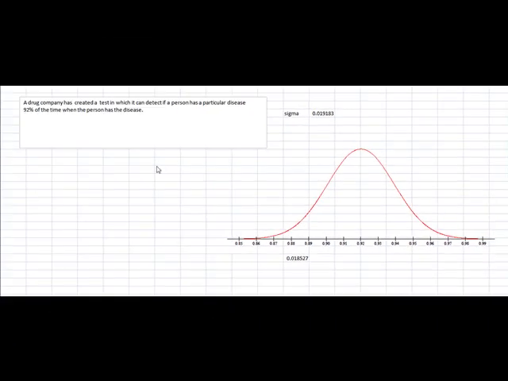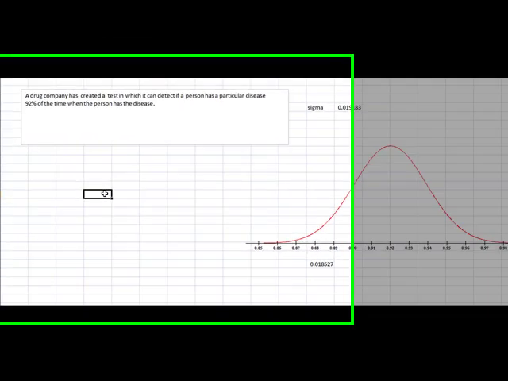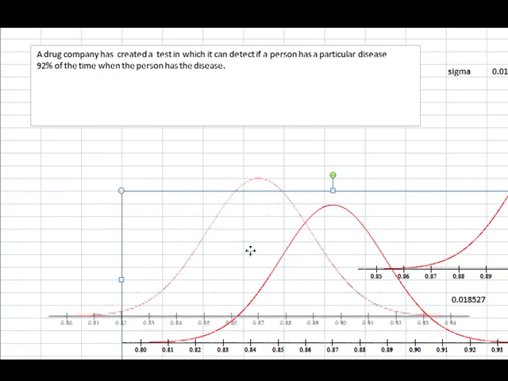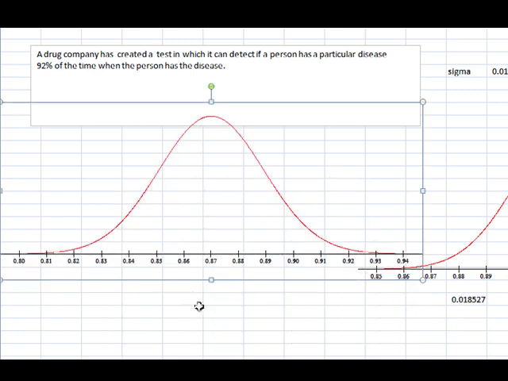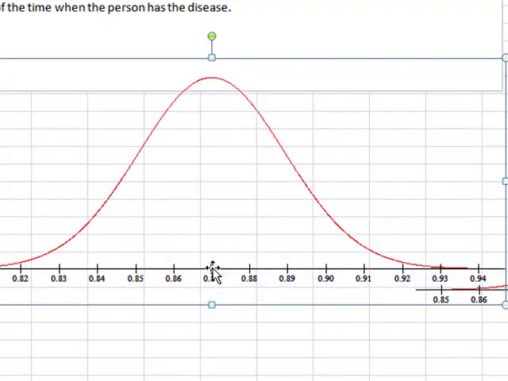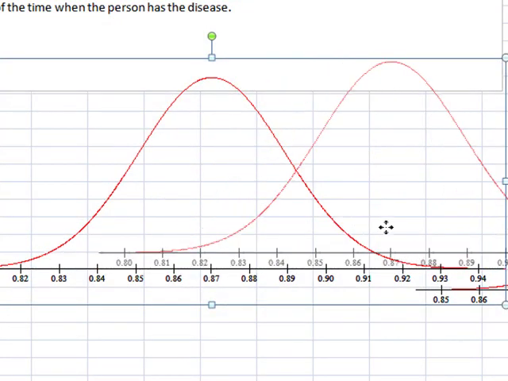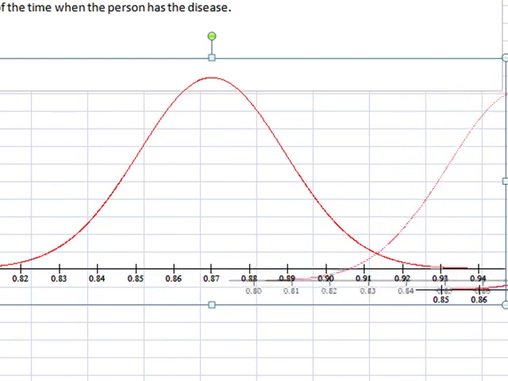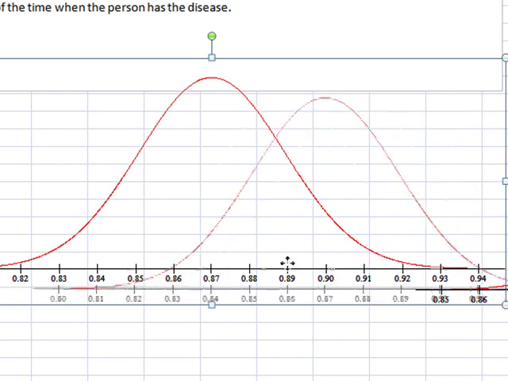So for example, what would happen if instead of really being 92% like the company said, it had been 87%? So now I have another distribution, same sample size, 200, but the center now is at 87%. I'm going to superimpose these two together. As a matter of fact, let me keep them apart for a moment.